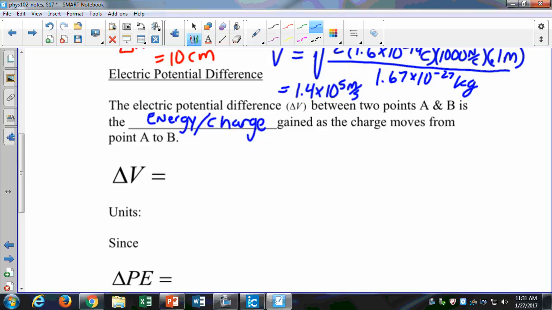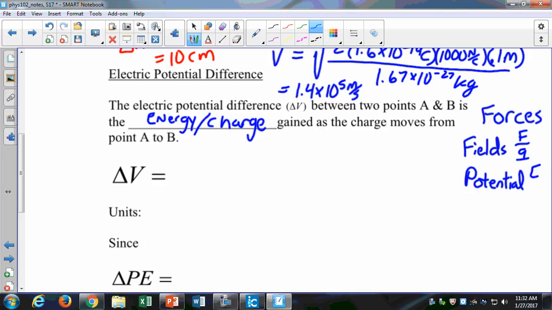In fact, it'll help you to think about these things, because so far we've had electric forces, we've had electric fields, and an electric field is a force per charge, and now we have electric potential, or sometimes we'll say electric potential difference. That's the difference in the potential between two different points, or sometimes we'll just call it voltage when we're talking about circuits.